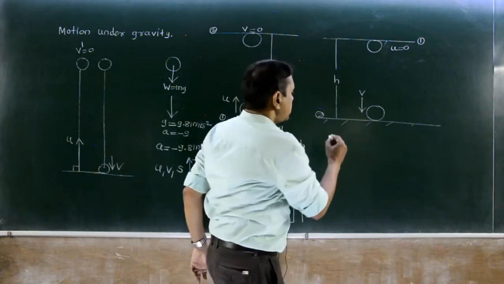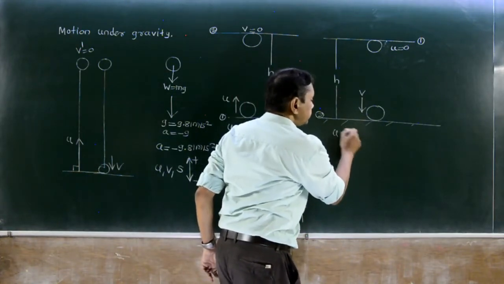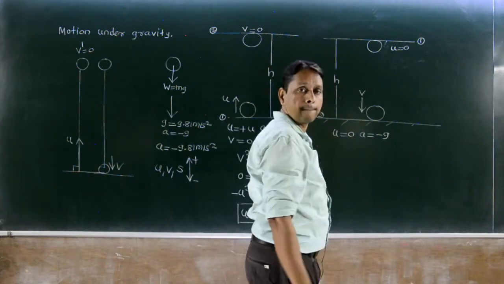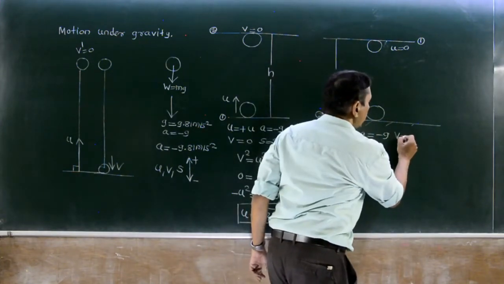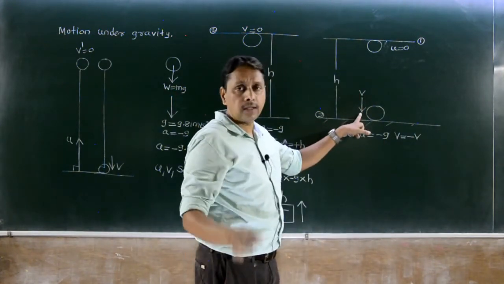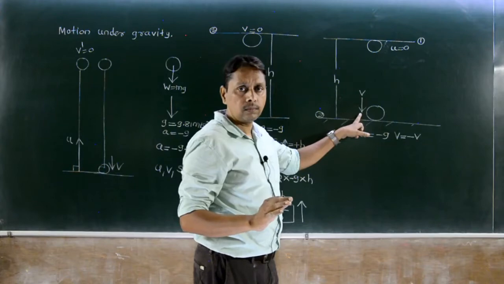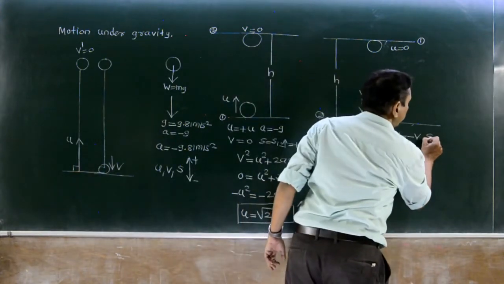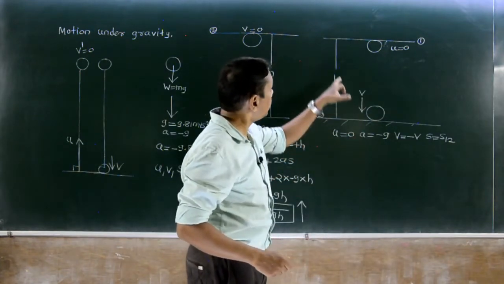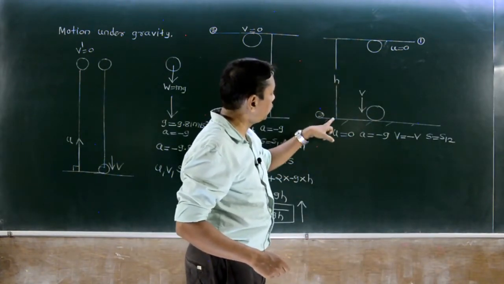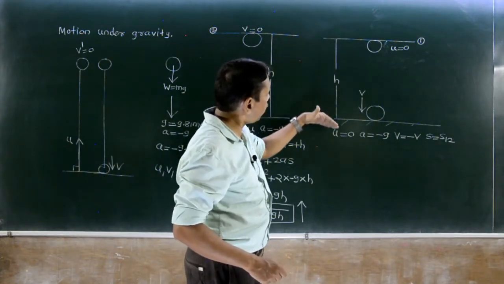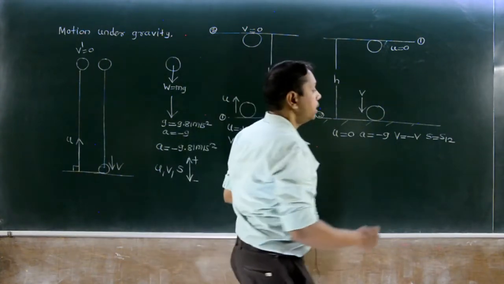Again, as the initial velocity is 0, a is always minus g, and v is minus v. Why minus v? Downward is taken as negative, don't forget. The displacement is from starting point 1 to end point 2. Where is it measured, upward or downward? Downward.